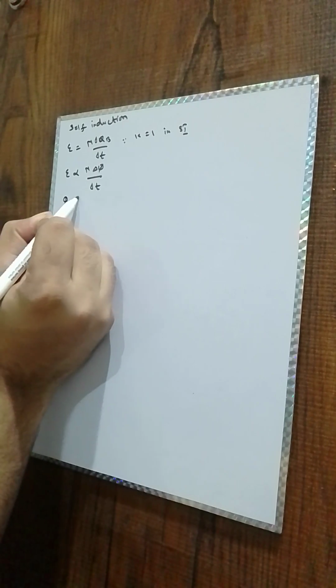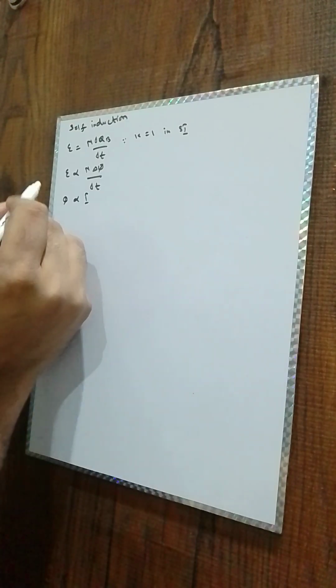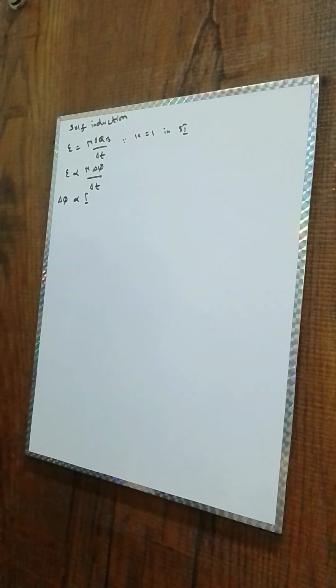Phi is also basically directly proportional to current, actually delta phi in this case. The more the change in magnetic field, the more the current we have.